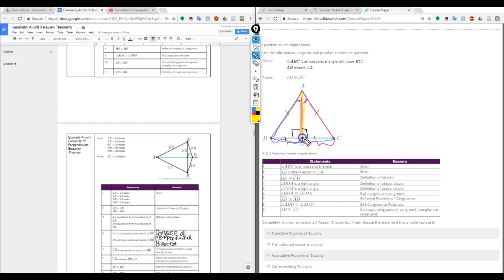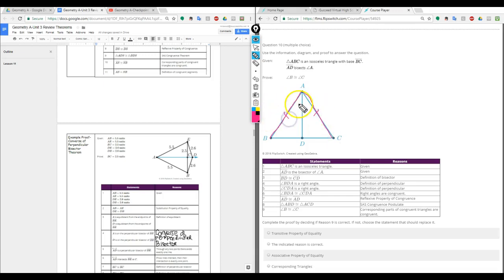This segment, which is the reflexive property. And then triangle ABD is congruent to triangle ACD. And then that's the side angle side congruence postulate. So which side angle side are they talking about? They're talking about side AB, its corresponding side is AC.